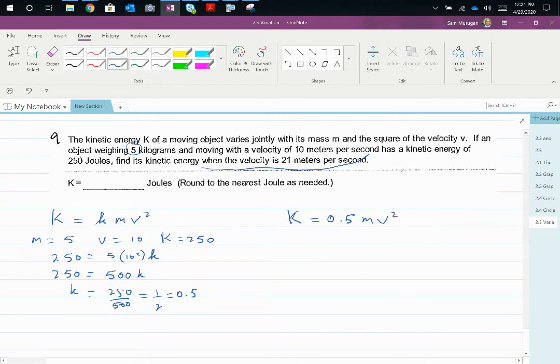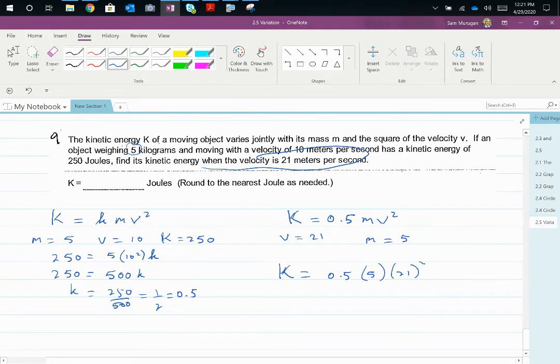Find the kinetic energy when the velocity is 21 meters. The mass does not change. If you're traveling on a roller coaster, your weight is still the same, so mass is 5. So kinetic energy is 0.5 times 5 times 21 squared.